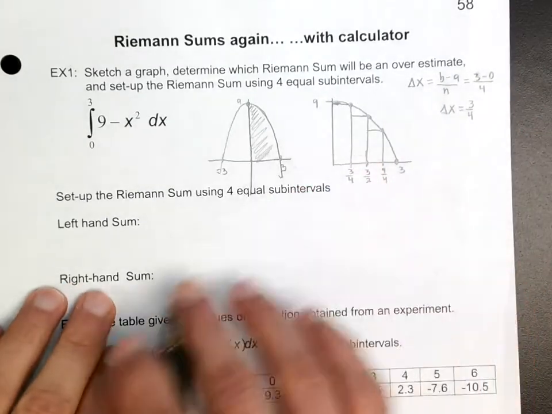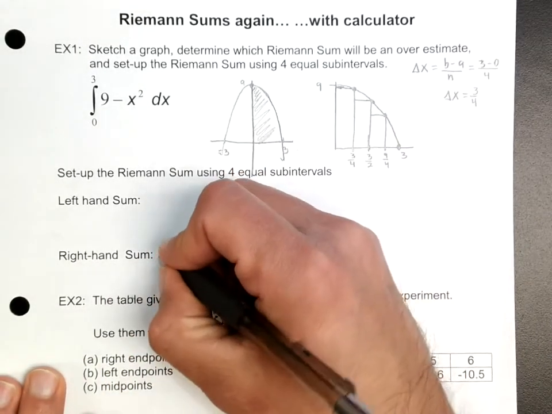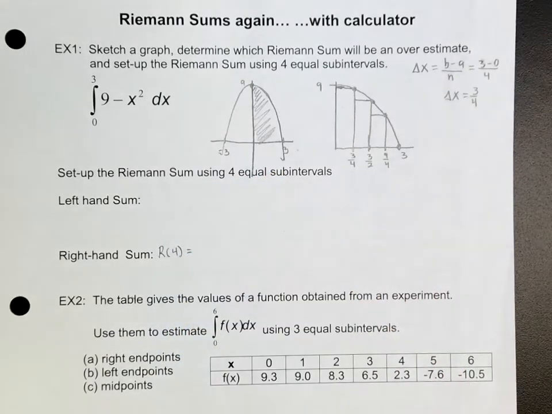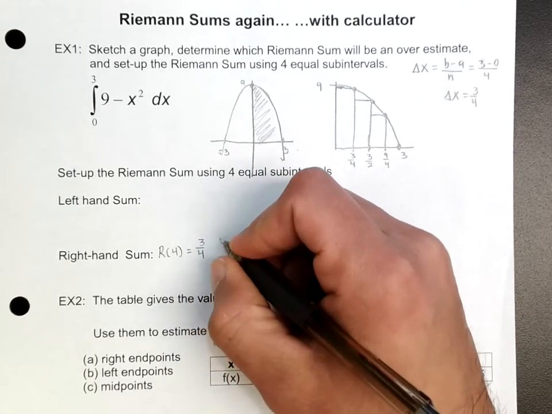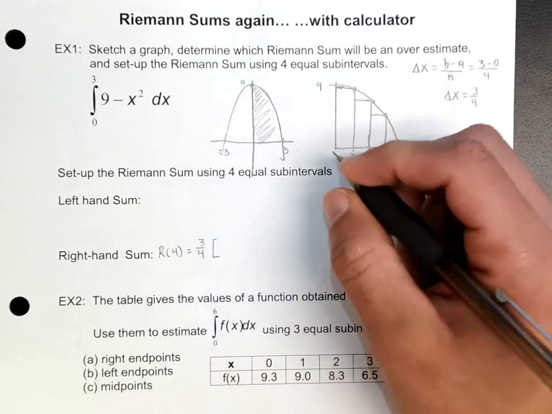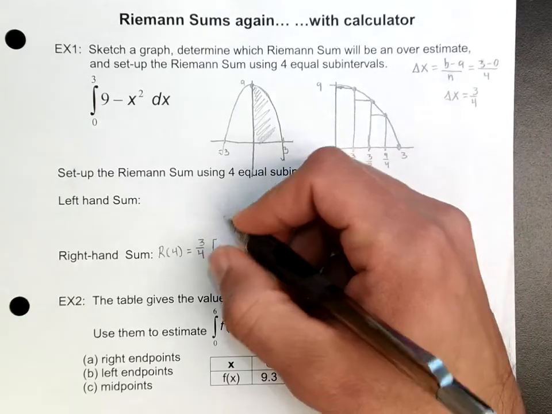Since I already drew the right one, I'm going to do the right hand sum first. The right hand sum is going to be equal to the width of every rectangle, which we know is 3/4 for each one of them. So we simplify like this: we have 3/4 times all the heights. I'm going to write it in steps.